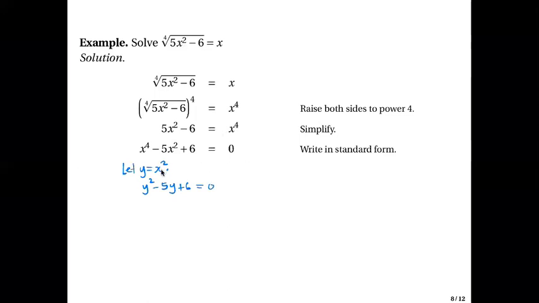So if you let y be that x squared, x to the 4 is x squared squared. So you have here y squared. Of course, this x squared is just y. And then this guy here is easily factorable. Factors will be y minus 3 times y minus 2, this is equal to 0.